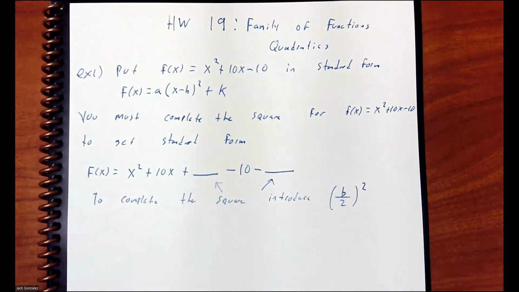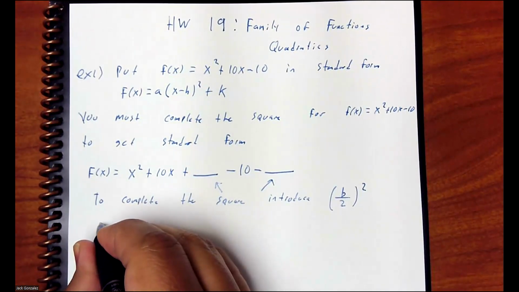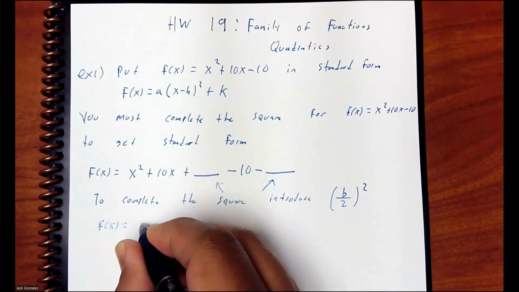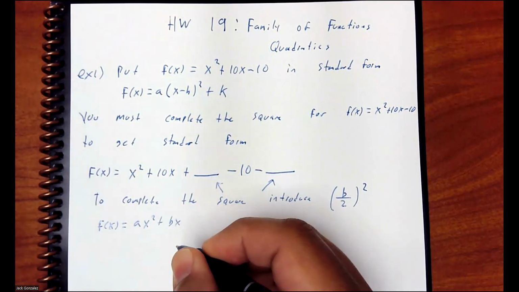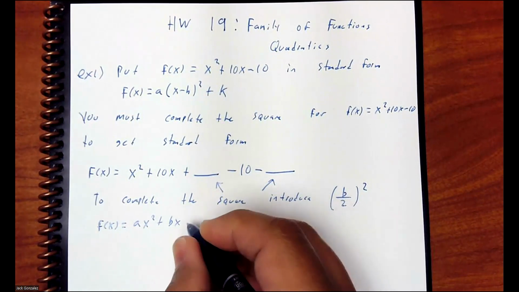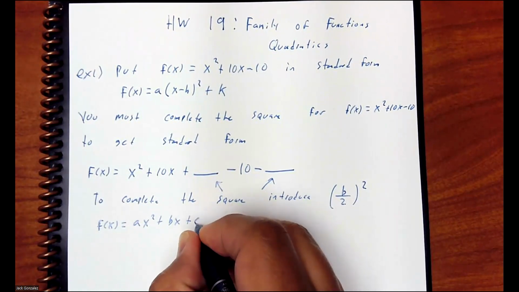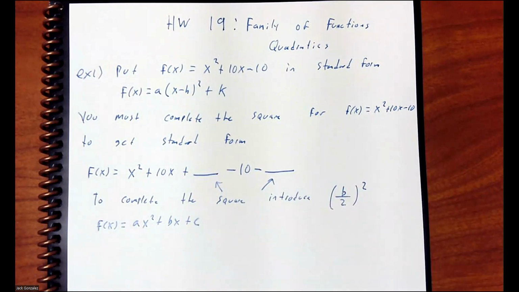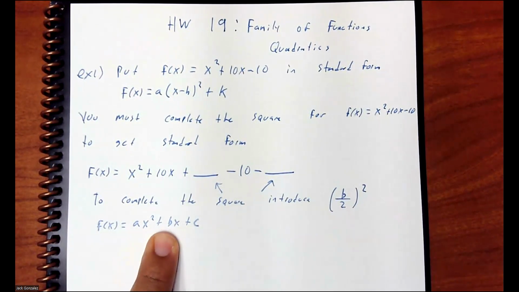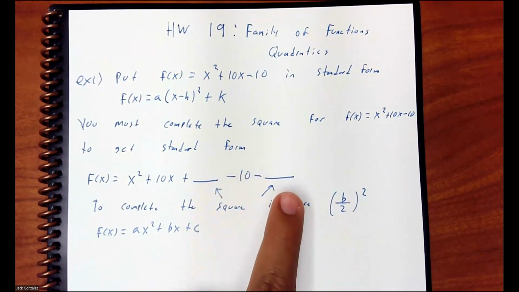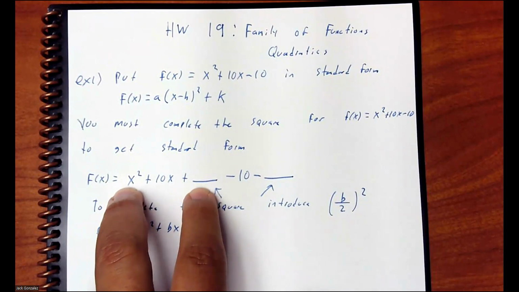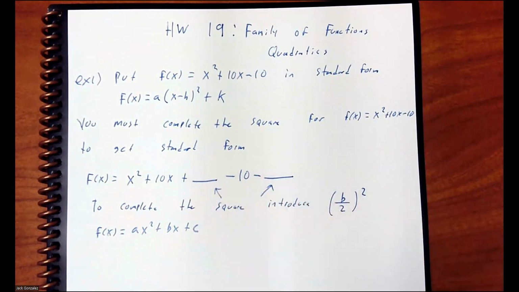What I mean by b, I mean given the general form, the one we use for the quadratic formula, the ABC. So just take this b, divide it by 2, or cut it in half, and then square it. That's the number that's going to go there. Once you've done that, this will factor perfectly, and you'll have some number left over. That's all you got to do.